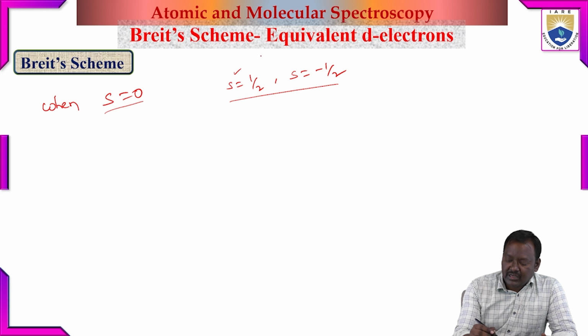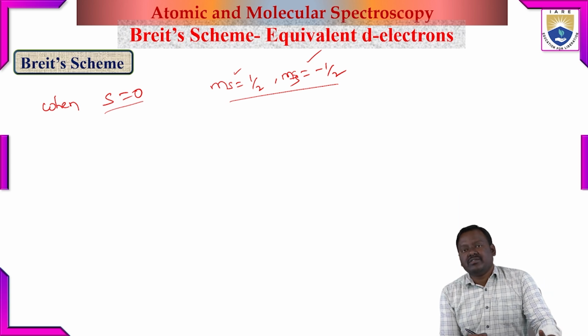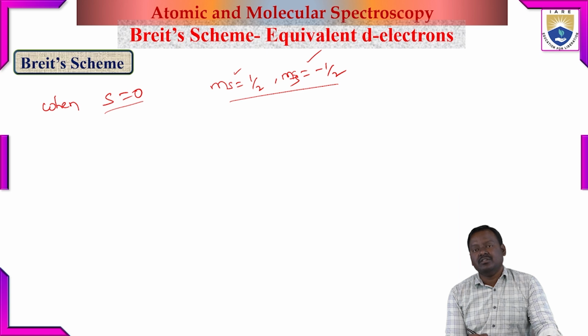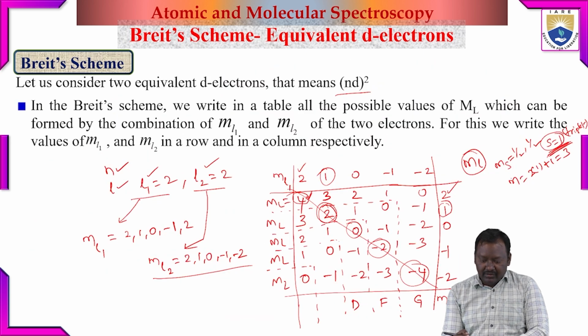That means the ms values of the two electrons are different, so the ml values from the earlier slide table can have the same values. So we can take any value from this table for the ml values of the two electrons, because those two electrons already have different ms values.